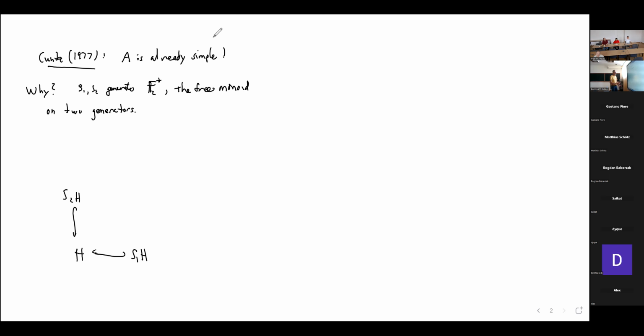Now we know that, for example, S1 pushes the entire Hilbert space here. So it pushes this whole picture here. So inside of S1H, we have S1 of S1H, so S1 squared H, and S1 of S2H, and those sit inside these. Likewise, S2 pushes it all up here.